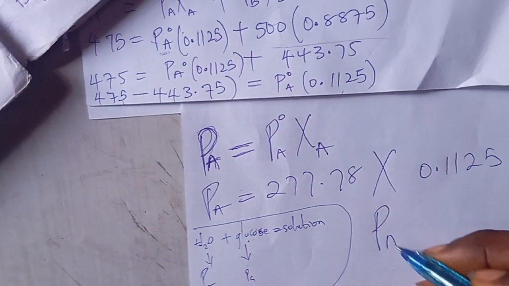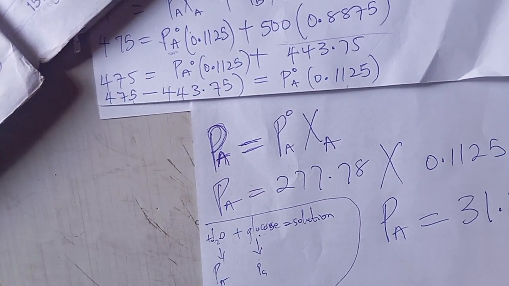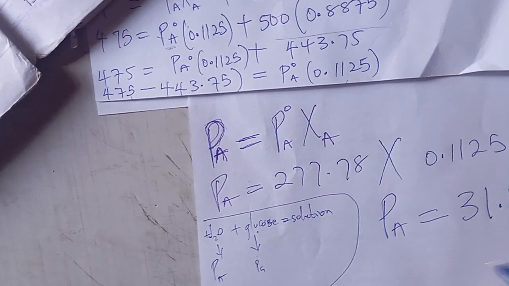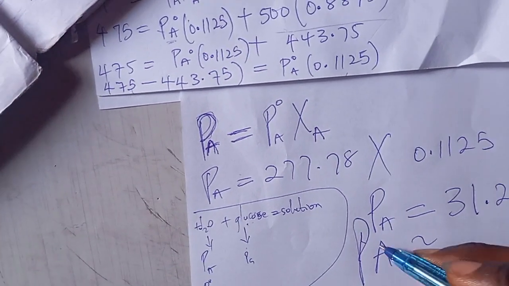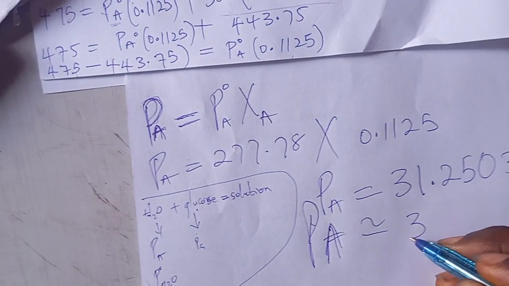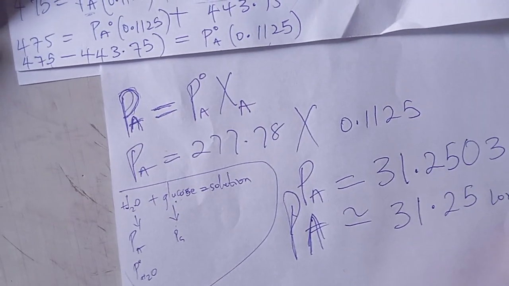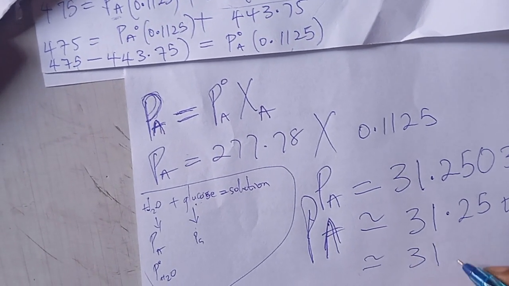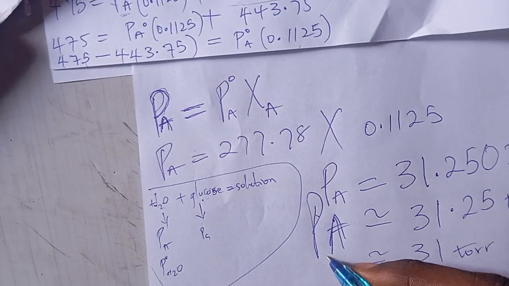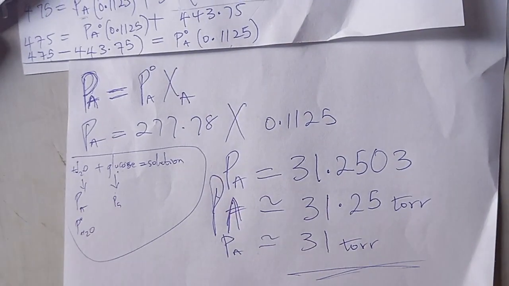PA will be equal to 31.2503, which is approximately 31.25 torr. So you can say approximately 31 torr. This is your answer.